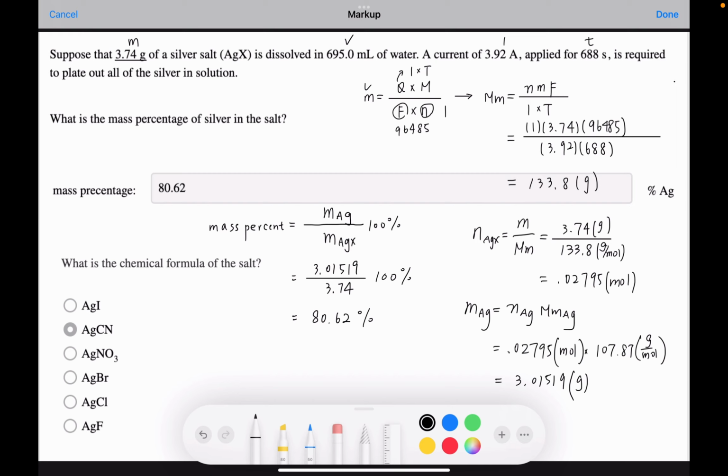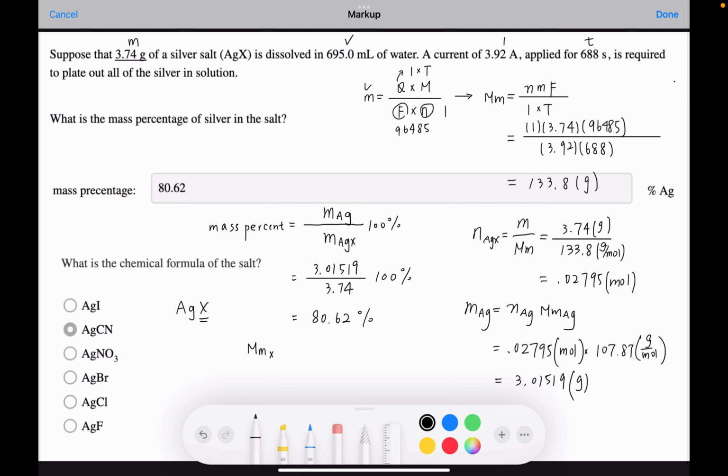And for the second one, we need to consider its molar mass, because we know the molar mass of the entire silver salt, and we know the molar mass of silver, so we can actually tell what's the total molar mass of the other element combined. So let's say that this compound is AgX, and this is what we're trying to find.